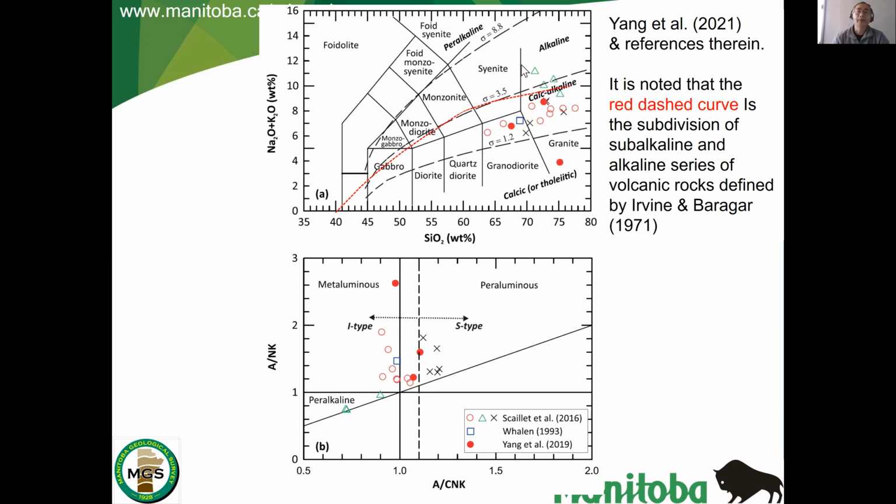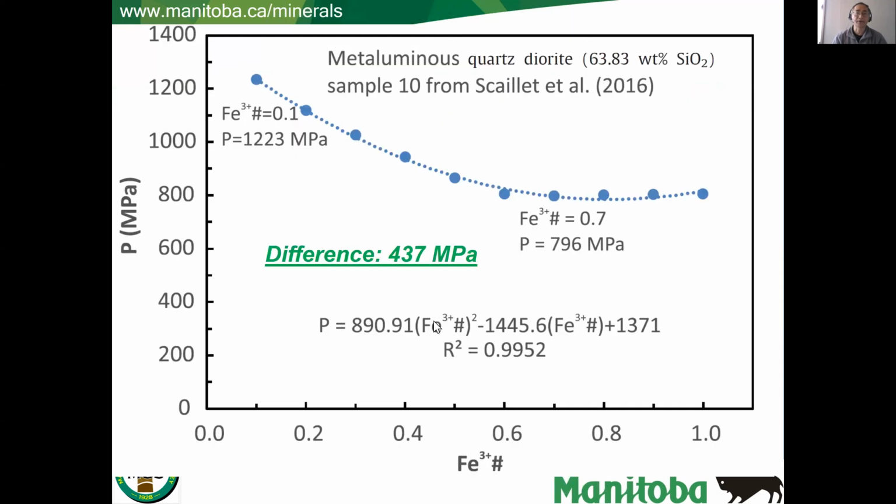And here I use the quartz diorite sample, and you can see I use different ferric iron numbers. The estimated pressures, beautifully, with increase of the iron number, follow this curve, which can also be described by a polynomial.